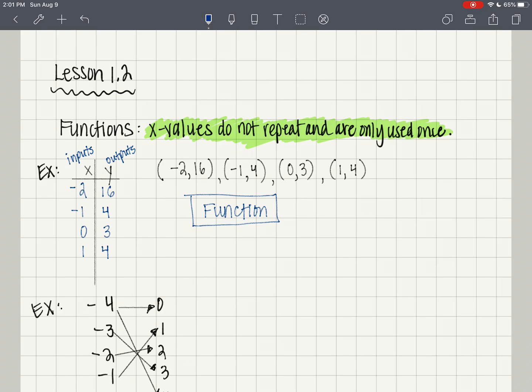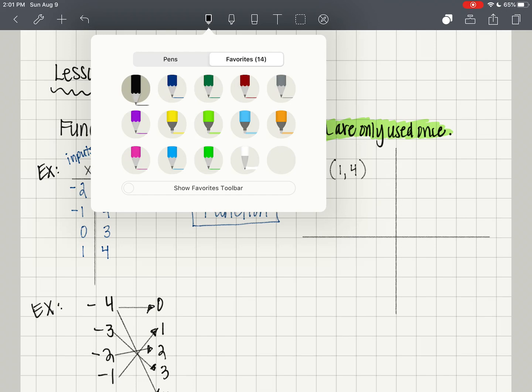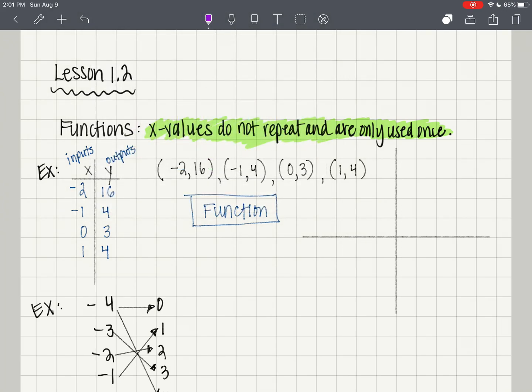I'm going to draw a picture real quick too while I can. So we've got -2, 16. Let's do this in purple. -2, 16 is going to be 8, 10, 12, 14, 16. It's going to be right about here.